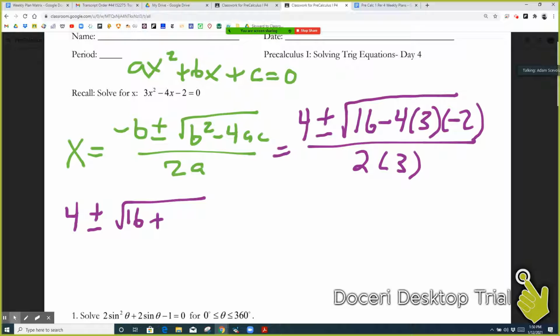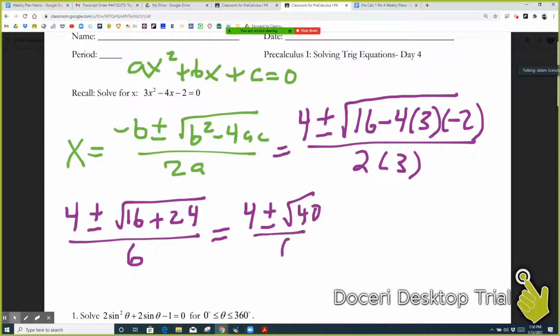So it's minus 4 times 3 is 12 times -2 is -24. So it's minus -24, which is like a plus 24, right? All over 2 times 3, which is 6. And that gives me 4 plus or minus root 40 over 6.